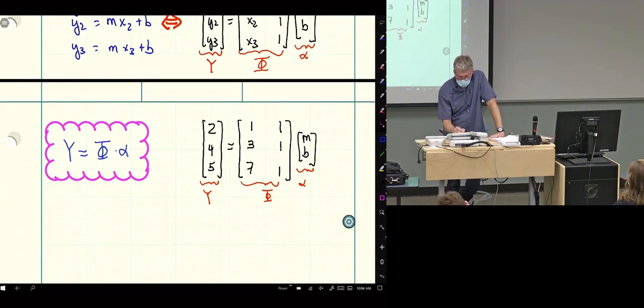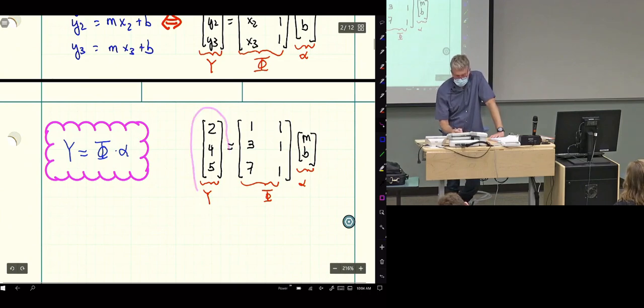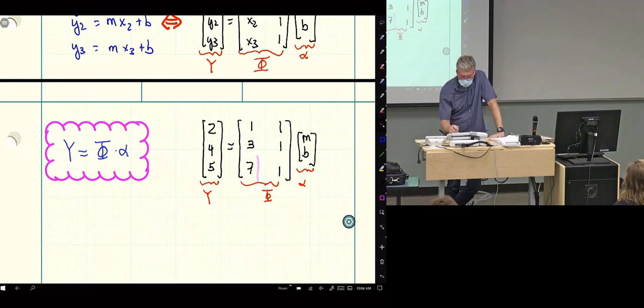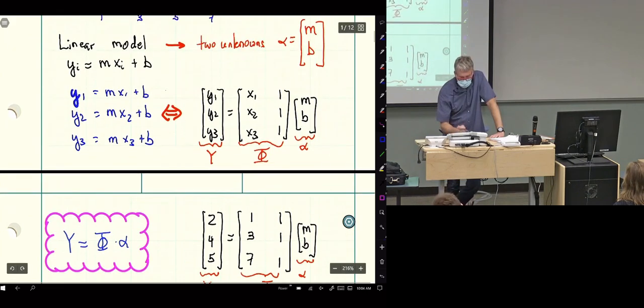And for us, y was 2, 4, 5. I plug in all the numbers. The x1, x2, x3, I plug those in. And then I have a column of 1s. And where does the 1 come from? It's clear that m is multiplying the x's, but b is multiplying a 1 here.